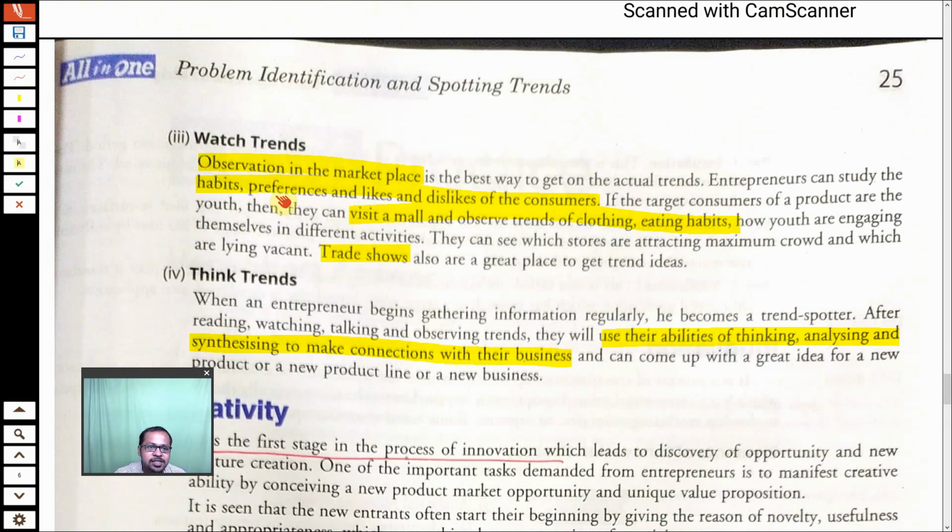How we can understand the market? By studying the habits or likes and dislikes or preferences of consumers. The best way is the observation. You can visit a mall. Let me give you one practical example. Indra Nooyi, I think she is the CEO of PepsiCo.